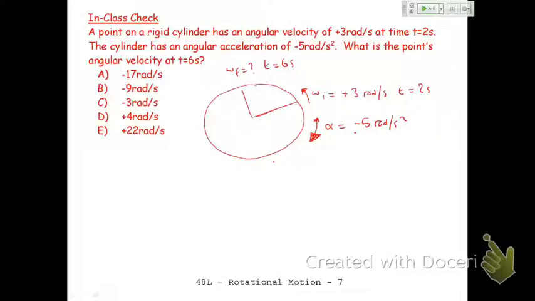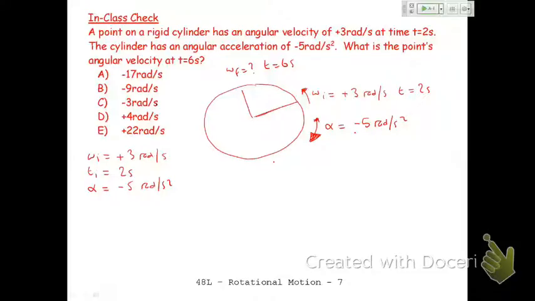And then what I did was I put in my final position. And so traditionally with these things, I draw my diagram and then I make my list. My list in this case would be omega I is equal to +3 radians per second. And my t initial, if you like, would equal 2 seconds. And then my alpha, my acceleration, is -5 radians per second squared.